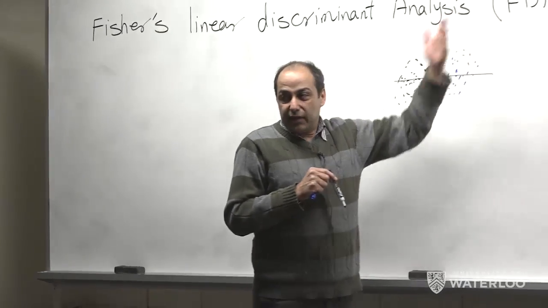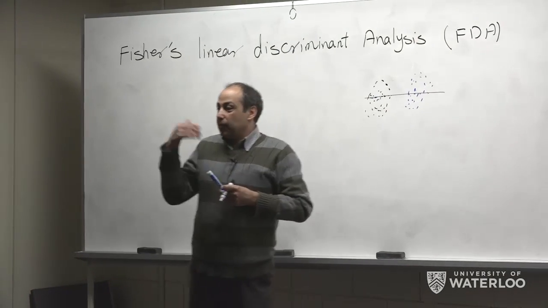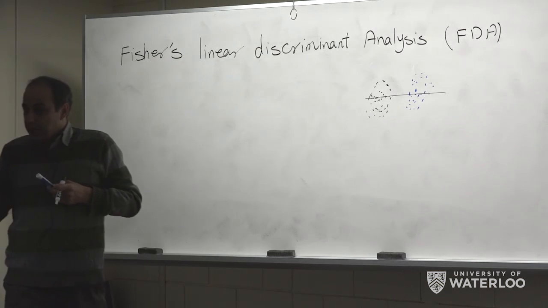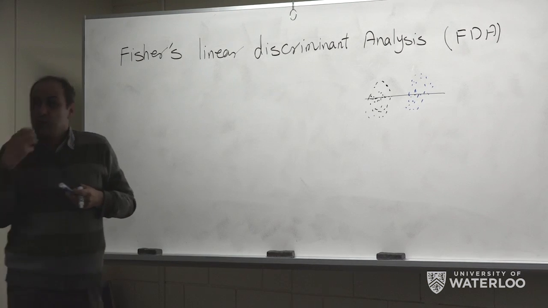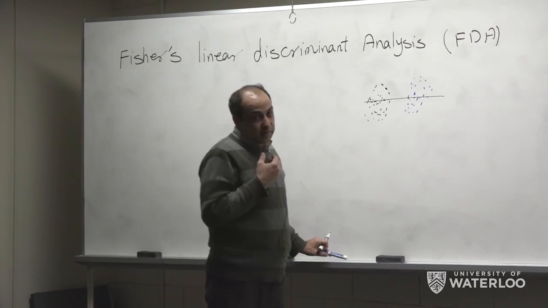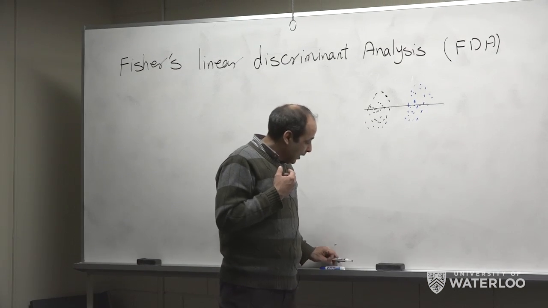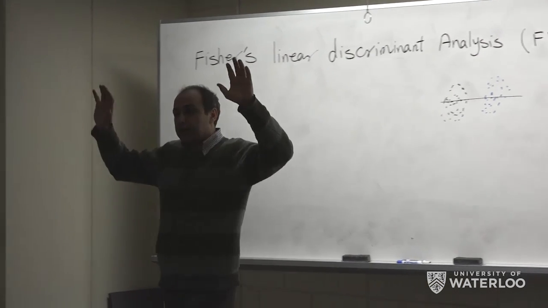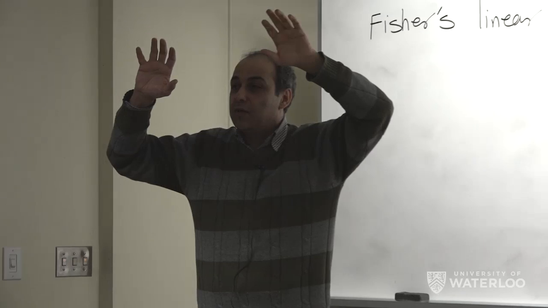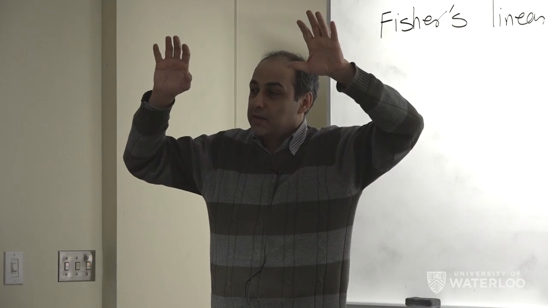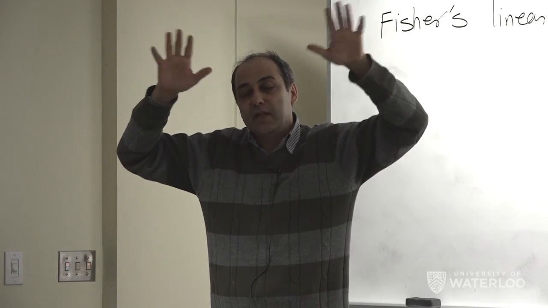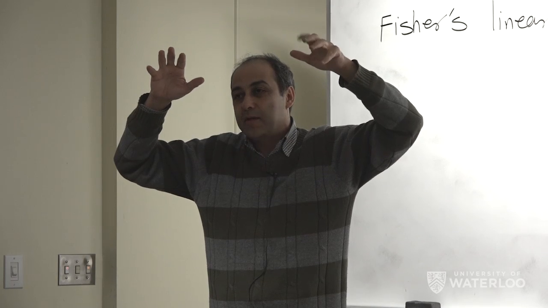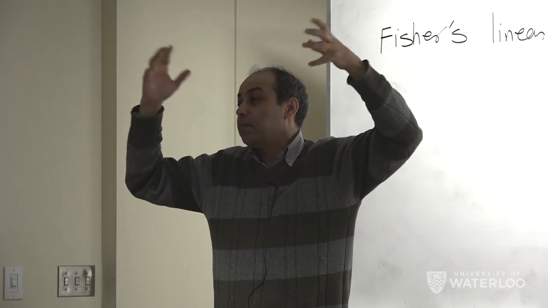That's basically what FDA does. FDA is a method of dimensionality reduction, but for the purpose of classification. It's supervised. It uses the labels of the data. So when I have these two clouds of data, suppose that I want to project it in one-dimensional space. Intuitively, what can I do to have the best separation?